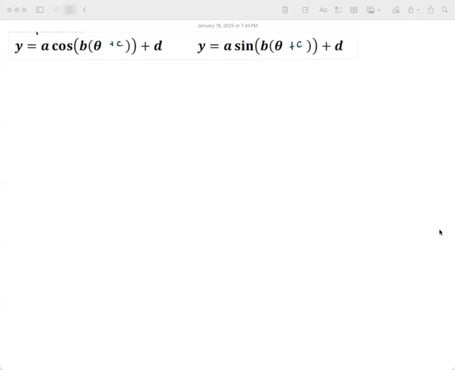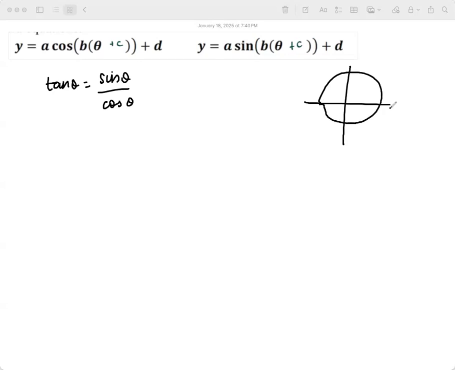Last week we drew the tan graph and that's where we left off, remember? So how did we draw? Tan theta equal to sine by cos, right? If you have a unit circle, this is cos comma sine always.